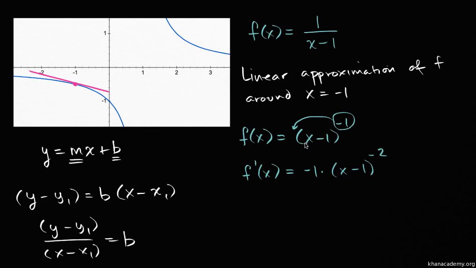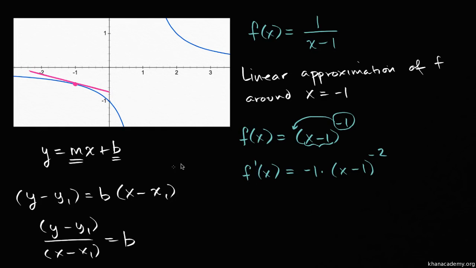And then we multiply that times the derivative of x minus 1 with respect to x. Well, that's just going to be 1, right? The derivative of x with respect to x is 1. The derivative of negative 1 with respect to x is 0. So we could say times 1 here if we like, or we could just not write that because it doesn't change the value.